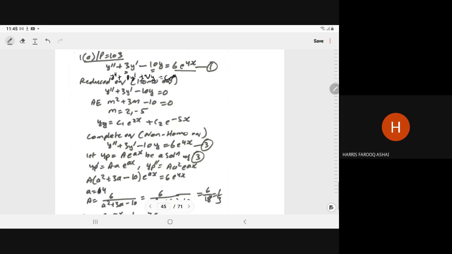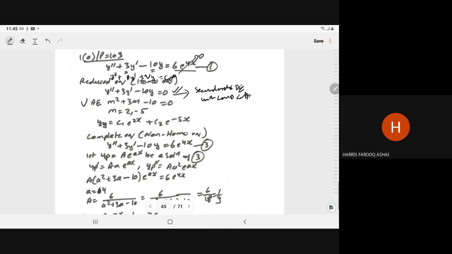So from here, if you take the right side as identically 0, then you will have the homogeneous equation, or reduced equation. So the reduced equation is y double dash plus 3y dash minus 10y is equal to 0. And it is of what nature? It is a second order differential equation with constant coefficients.